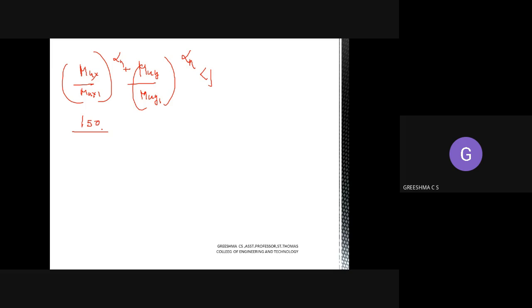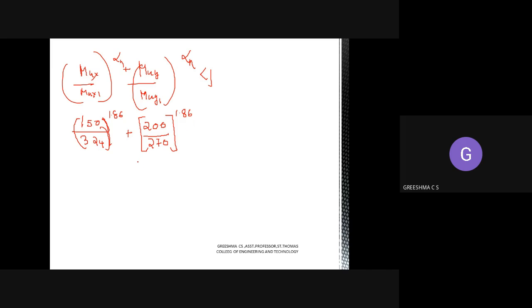Substitute in this equation: Mux divided by Mux1 all raised to alpha n, plus Muy divided by Muy1 all raised to alpha n, should be less than 1. Mux is 150 divided by 324, all raised to 1.86, plus Muy is 200 divided by Muy1, which is 270, all raised to 1.86.